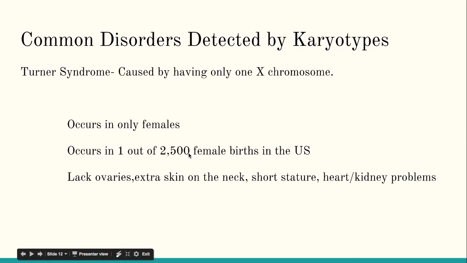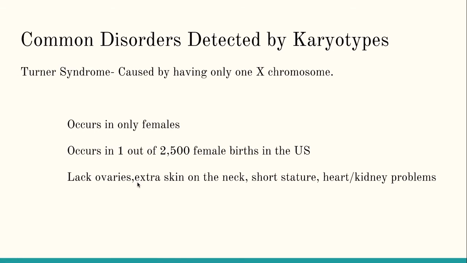So again, we don't necessarily account for males in this because it only involves the X chromosome. Some of the symptoms that you may see in individuals who have Turner syndrome: a lack of ovaries and secondary sex characteristics. Often you'll see that there is extra skin on the neck.